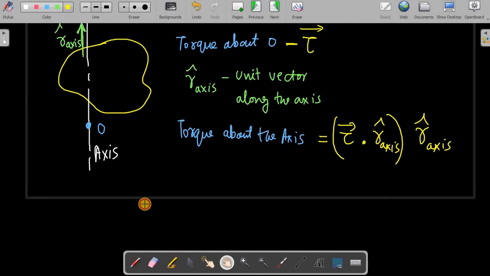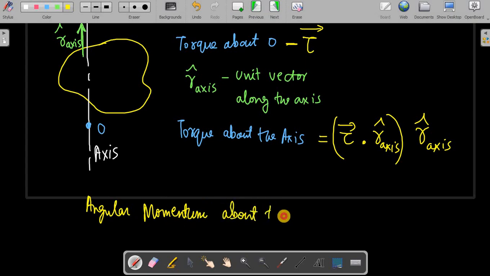The angular momentum about the axis can be written as L vector dot the unit vector along the axis.